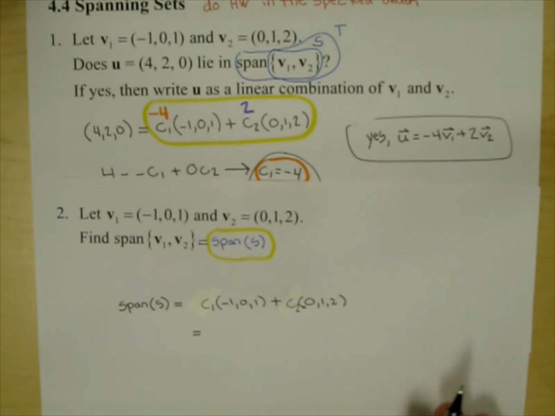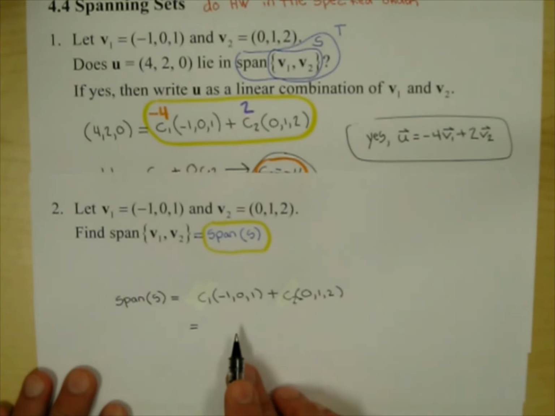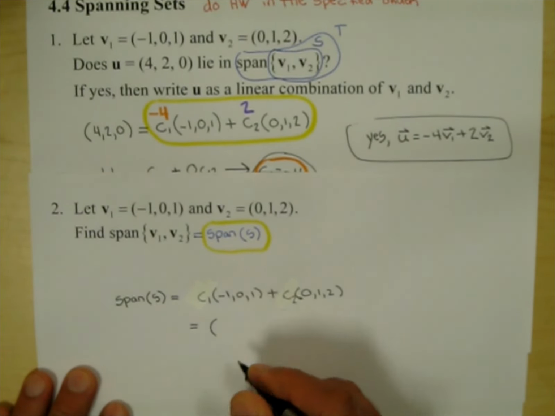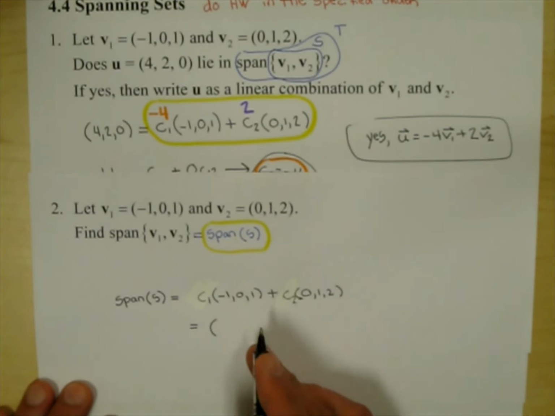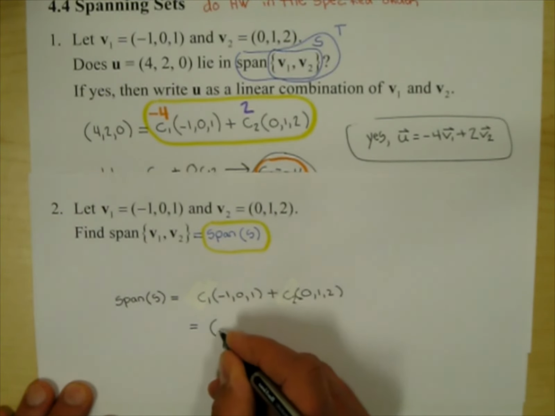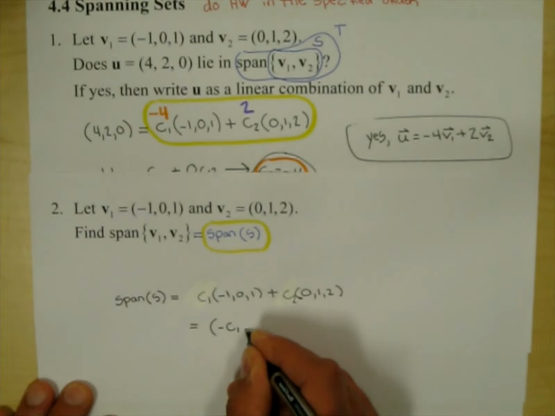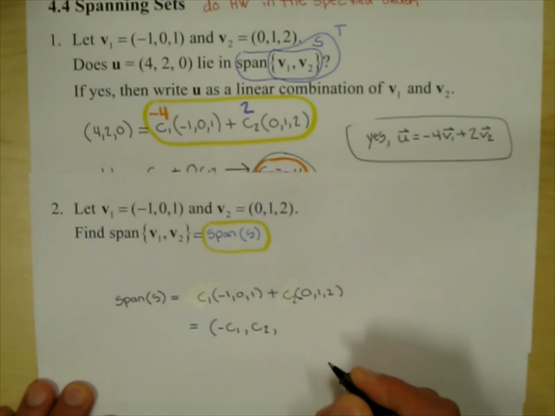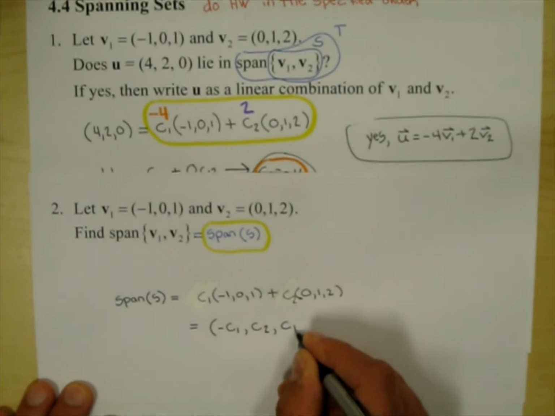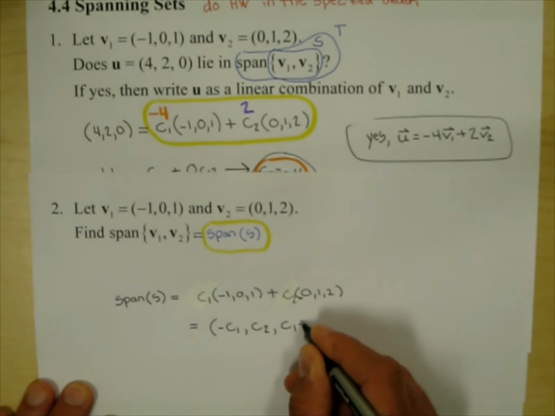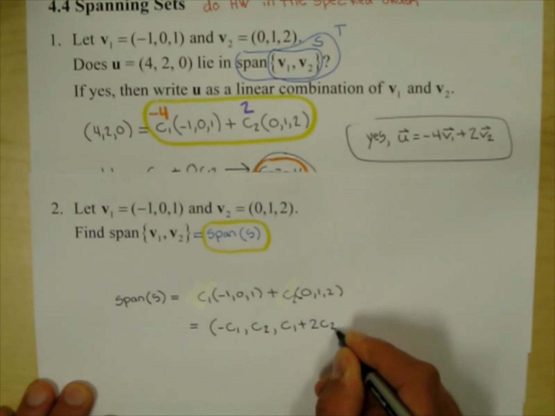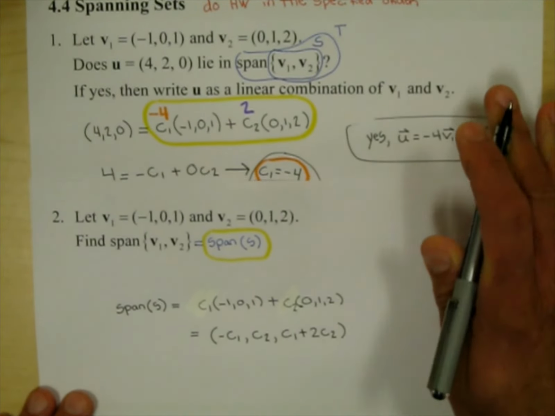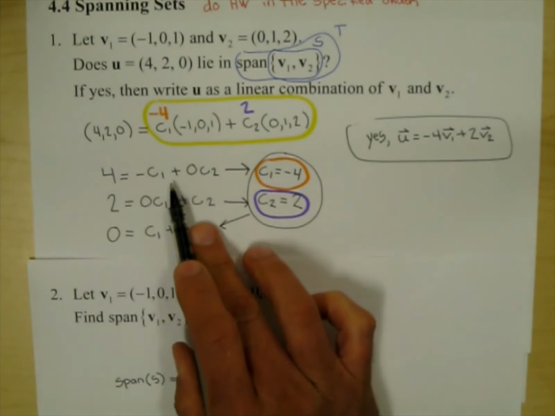So this is also called the linear span. I'm going to write this in terms of one vector here. So -C1, comma, the next one is C2, comma, and then this is C1 plus 2C2. Okay, and that's kind of like what we have over here on this side.